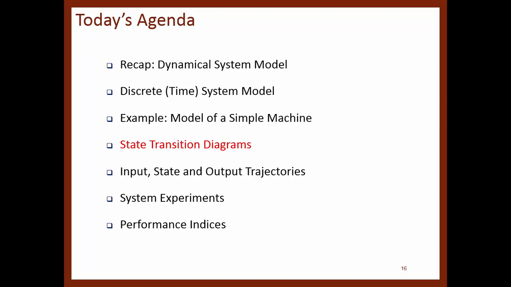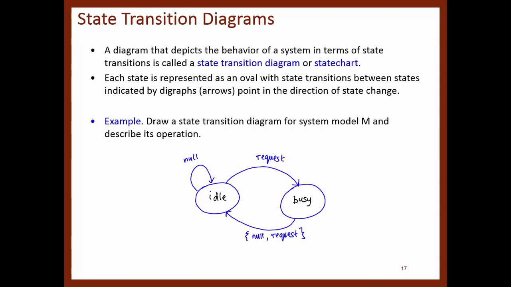If you remember the causal loop models, these are very similar. A diagram that depicts the behavior of a system in terms of state transition is called a state transition diagram or state chart. Each state is represented as an oval, with state transitions between states indicated by digraphs or arrows pointing in the direction of the state change.